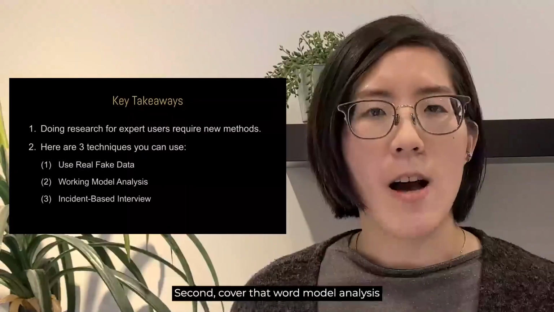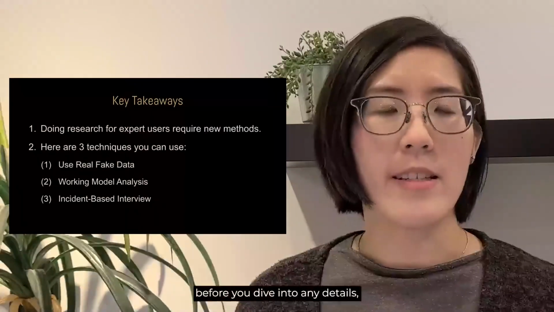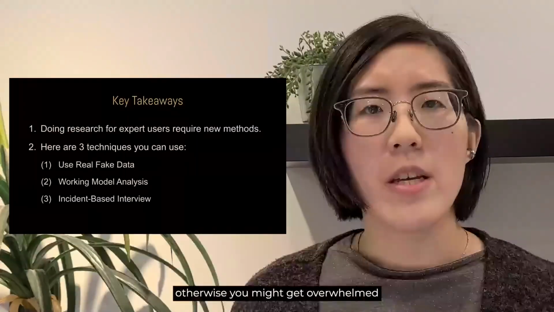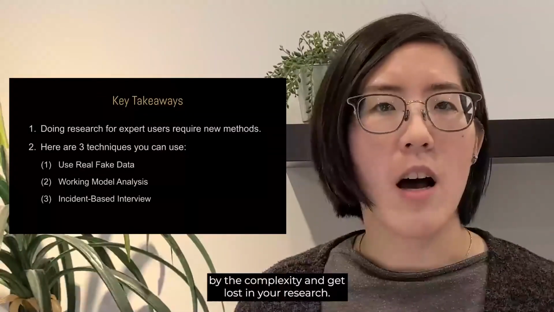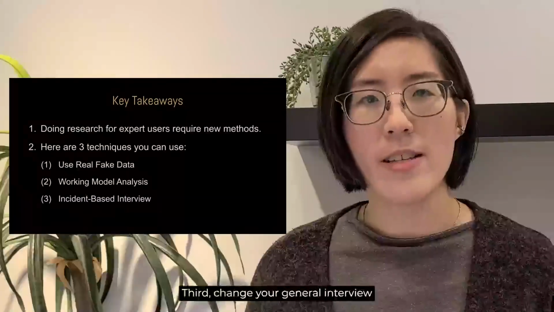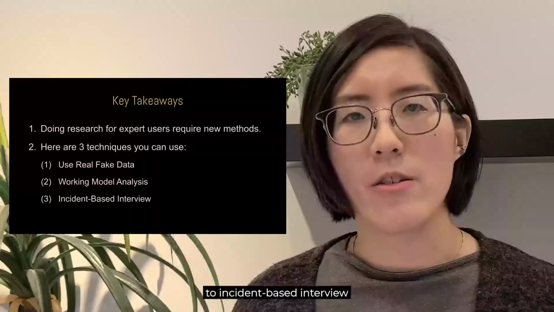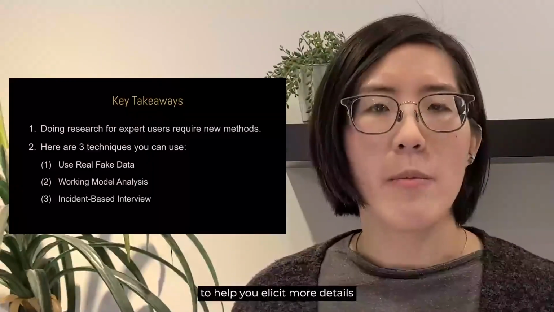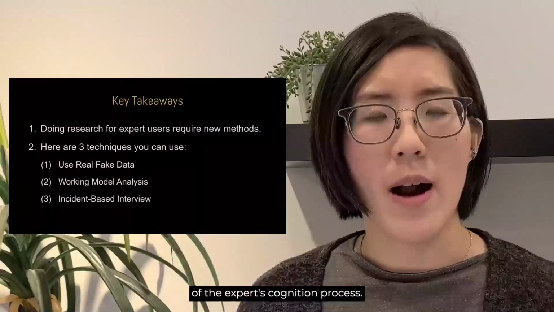Second, conduct work model analysis before you dive into any details. Otherwise, you might be overwhelmed by the complexity and get lost in your research. Third, change your general interview to an incident-based interview to help you elicit more details of the expert's cognition process.